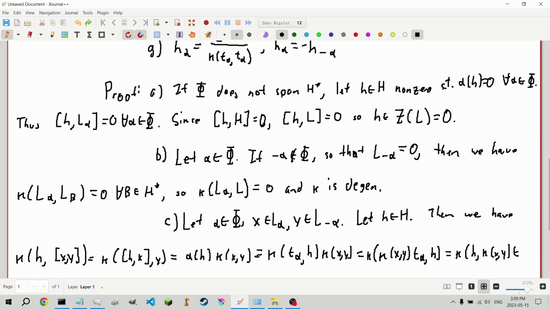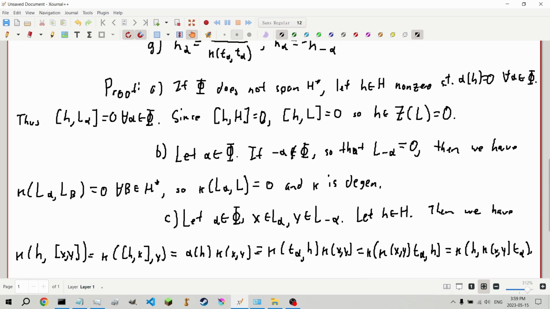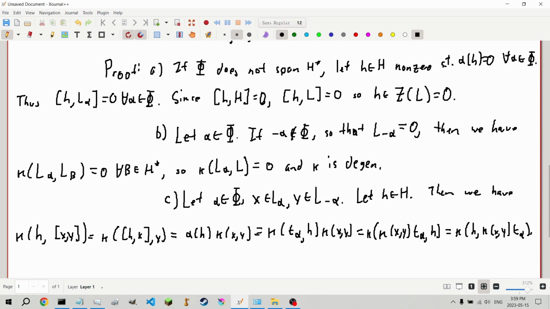So if you look at this, the start and where we ended up, we see that our h is orthogonal to, at the start, we have the killing form of h with x bracket y, and at the end we have the killing form of x and y t alpha.